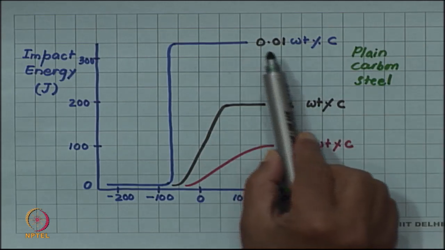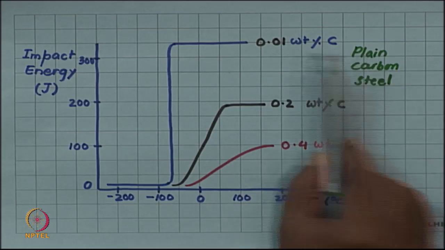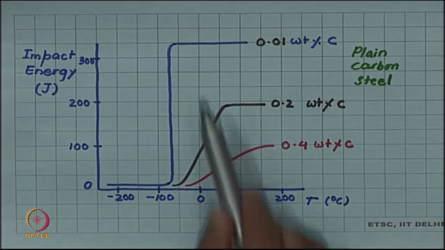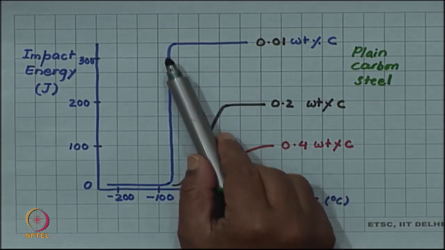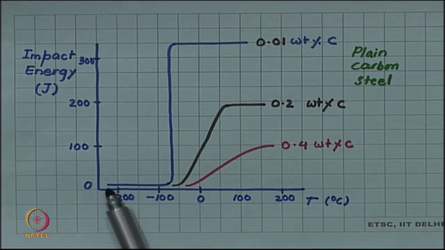So, for very low carbon concentration, let us say 0.01 weight % carbon, you can see that the energy absorbed was very high on the higher temperature side. But then suddenly at around minus 75 degrees Celsius or so, the energy absorbed became very low and remains at that lower value at still lower temperature.